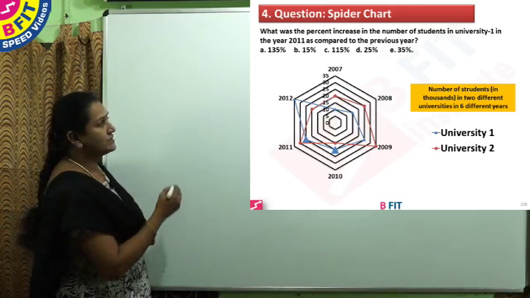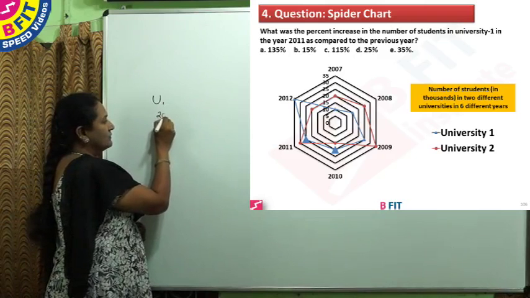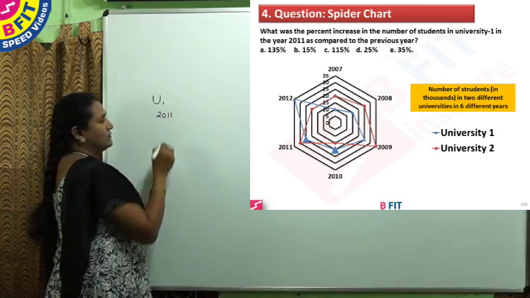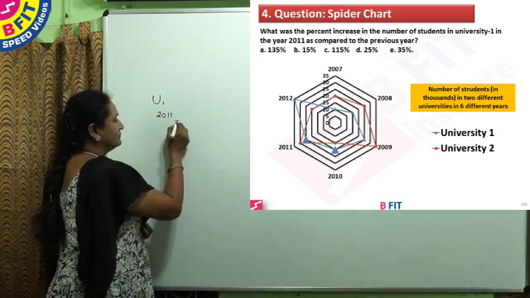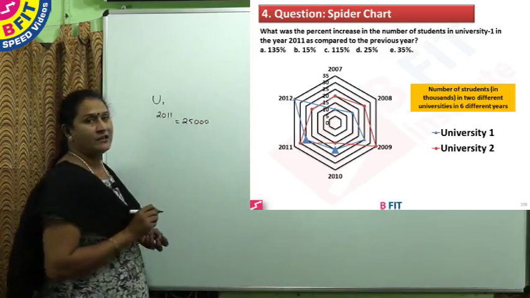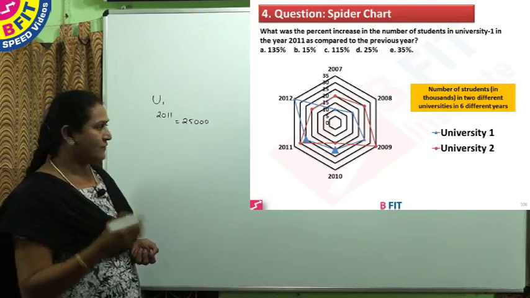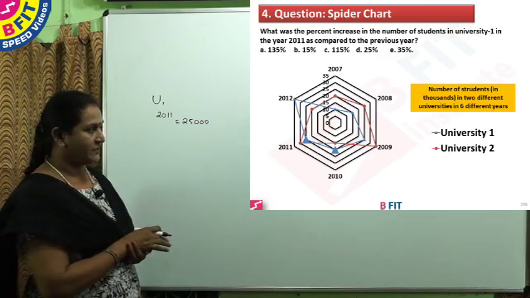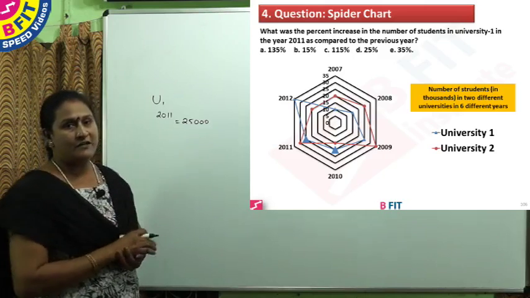So for University 1 in 2011, what is the number of students? 25,000. So 25,000 students were there in 2011 for University 1. To find the percent increase, we have to get the data for 2010 also.